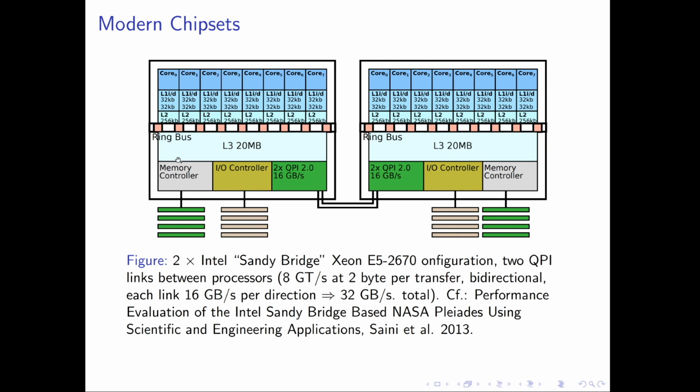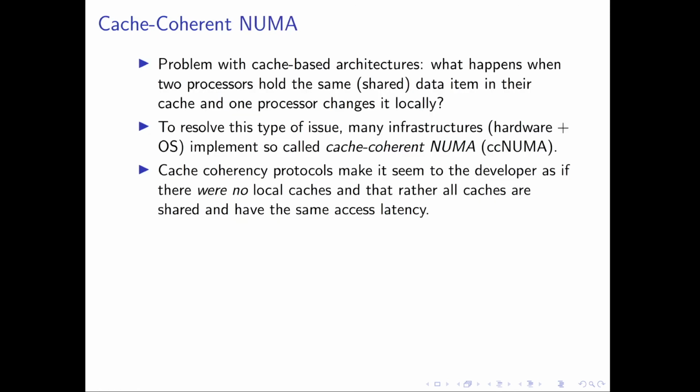Then you have a memory controller per CPU. You have an I/O controller, so the chipset is pretty much integrated into each CPU. And then you have this complicated but very fast, very high bandwidth interconnect, QPI, that connects the two processors. So even on commodity machines, like those server CPUs, you have quite complicated architectures nowadays.